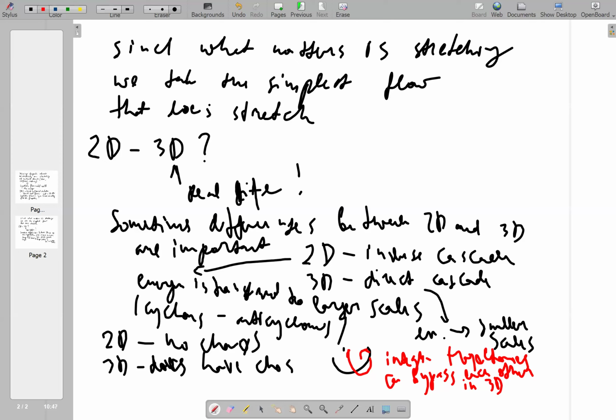You will learn also later that if we speak about, for instance, magnetic dynamo, then there is again difference between 2D and 3D. But okay, now I have repeated that already many times.